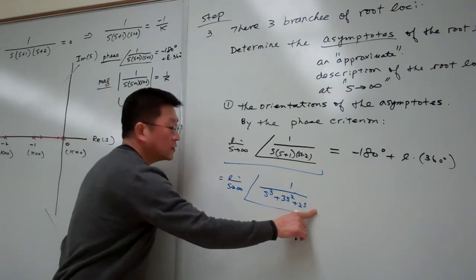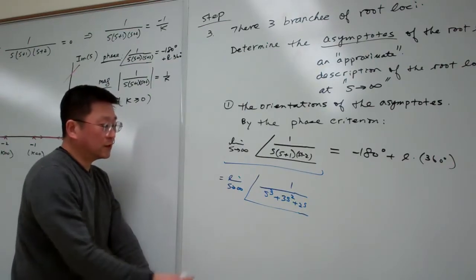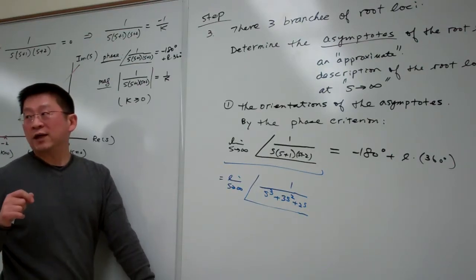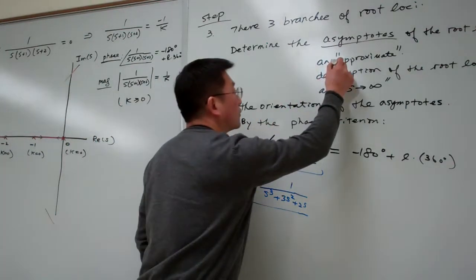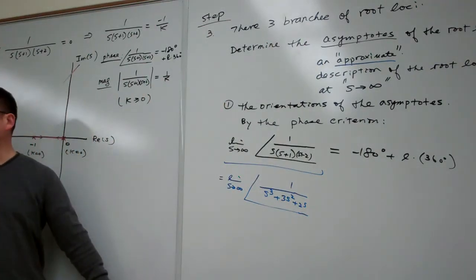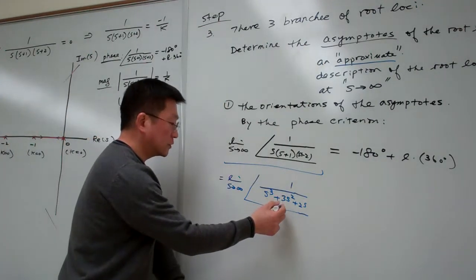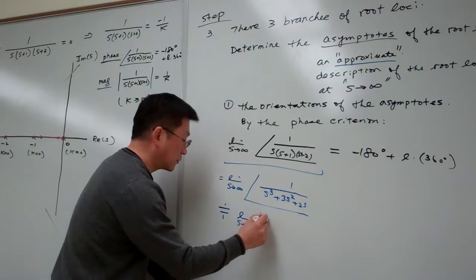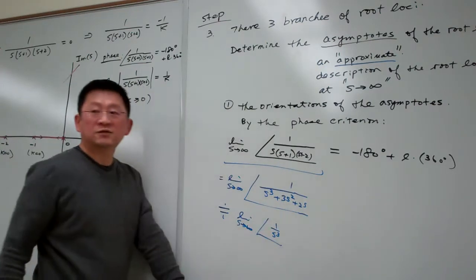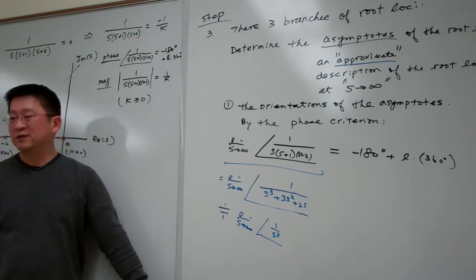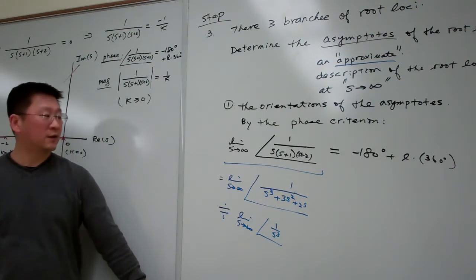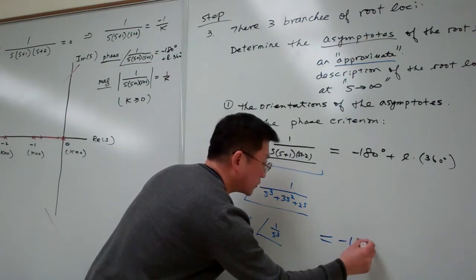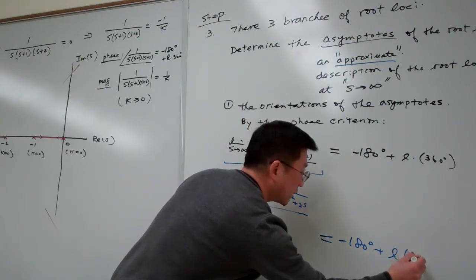When s approaches infinity, the lower order terms become insignificant. This is how we approximate: by dropping the insignificant terms. So this approaches its limit, simply s cubed. This is the roughest approximation, and we take it. Under this case, the angle is equal to minus 180 plus L times 360.